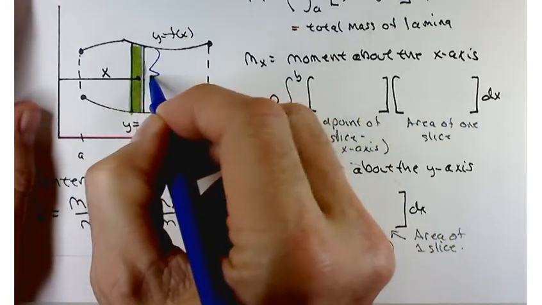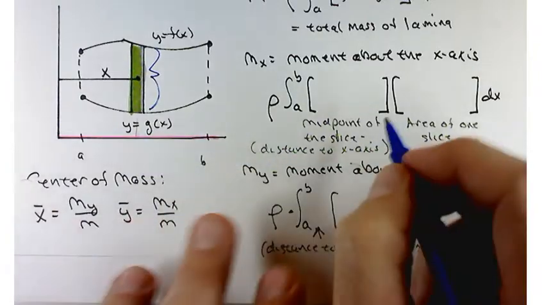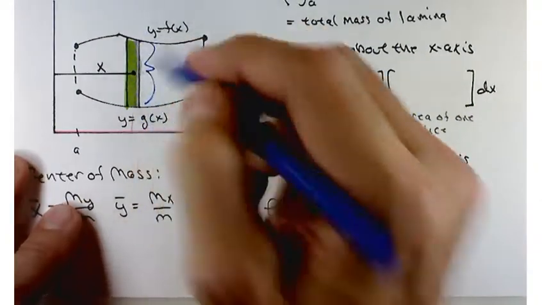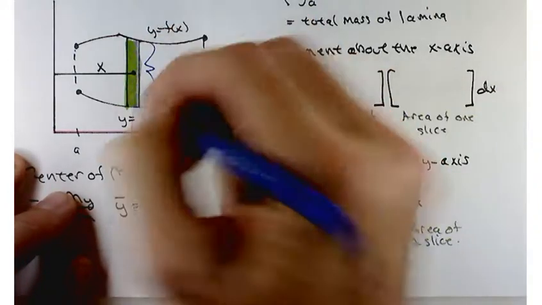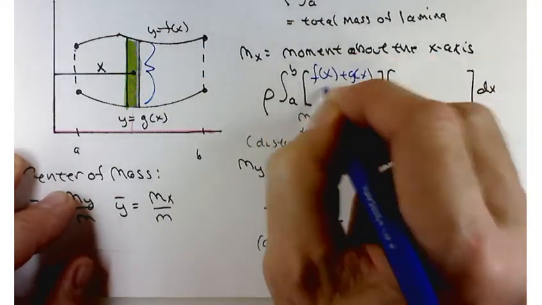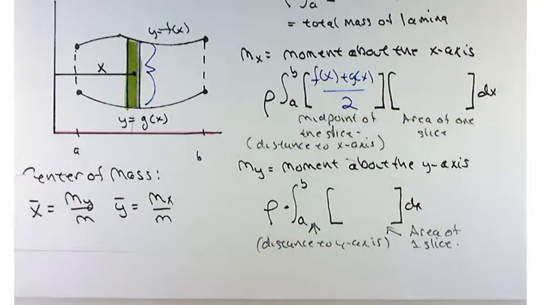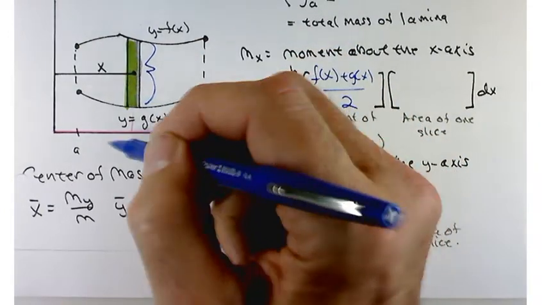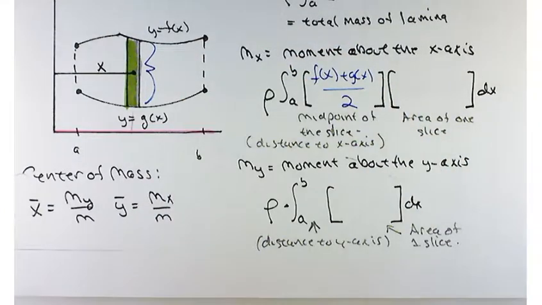Now this area right here is going to be dx times the midpoint of that slice. The midpoint of a slice is going to be f of x plus g of x divided by 2. So that's the height. That's where this is going to be feeling its rotational force around the axis.